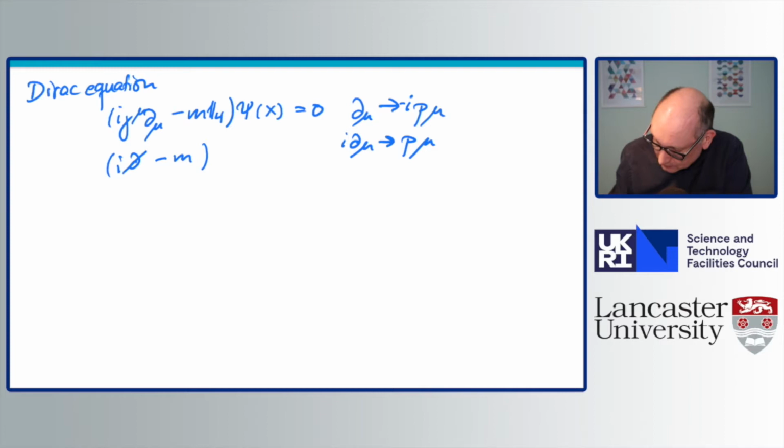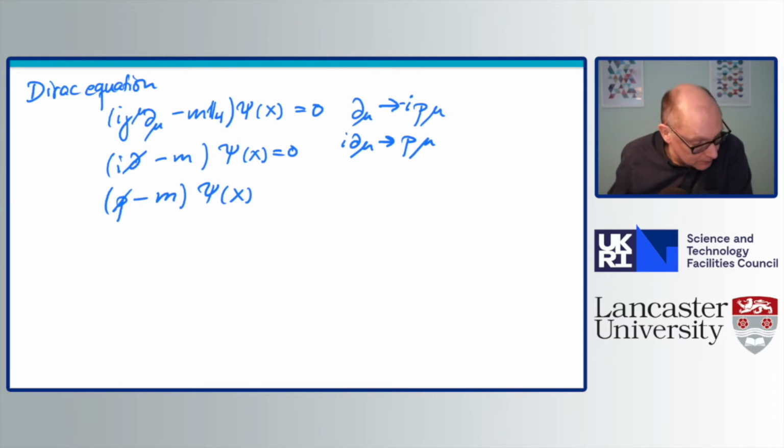Sorry, that's not using the identification, that's just using the Dirac notation of slash meaning contraction with the gamma matrix, but using this wave mechanics identification, we can write this as p slash minus m acting on the spinor is equal to 0. That's the Dirac equation for the spinors.